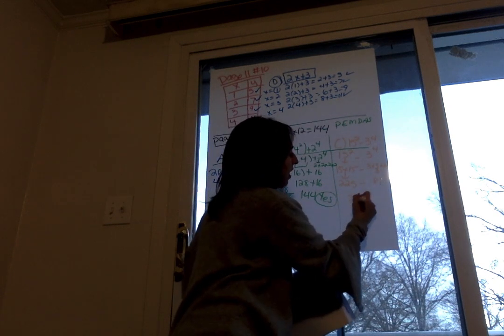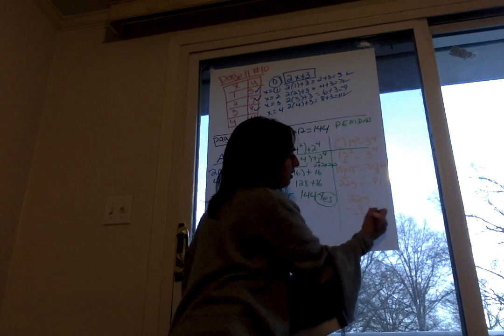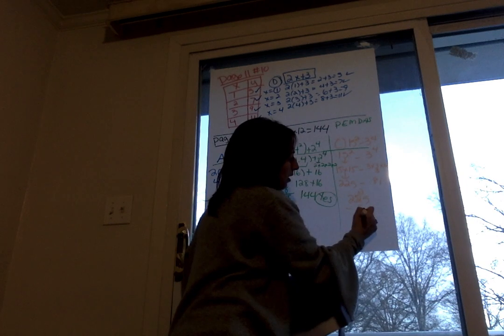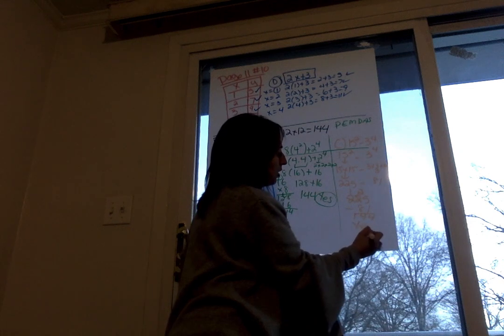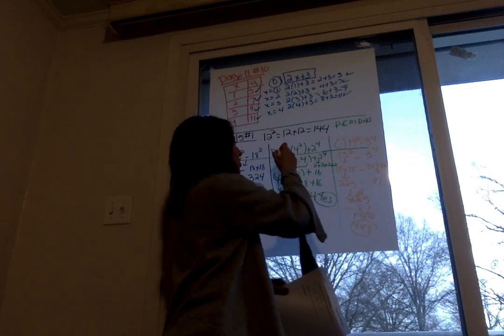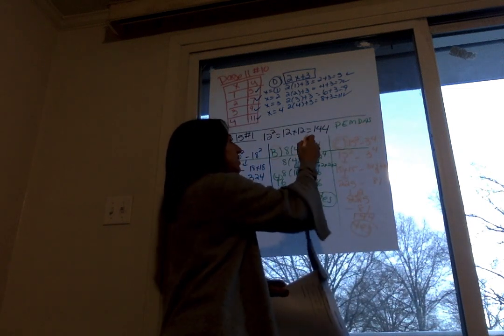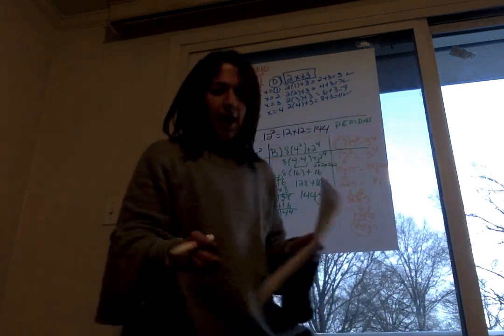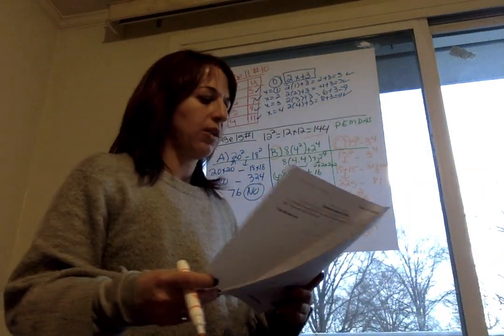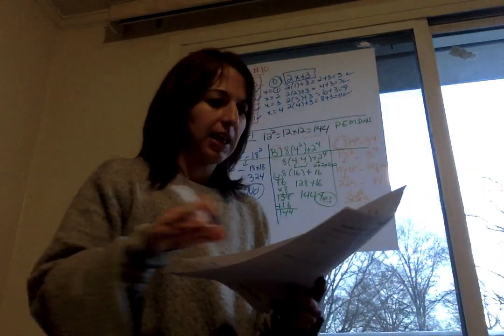So 225 minus 81 is 144. So the answer is going to be expression B and expression C, both equal 144. And there you have it on how you are going to get your answer. So again, it's B and C.